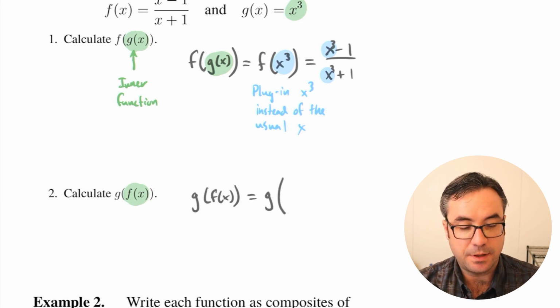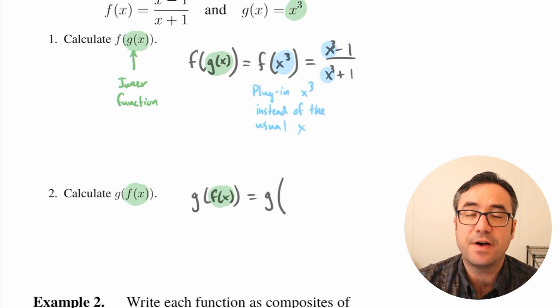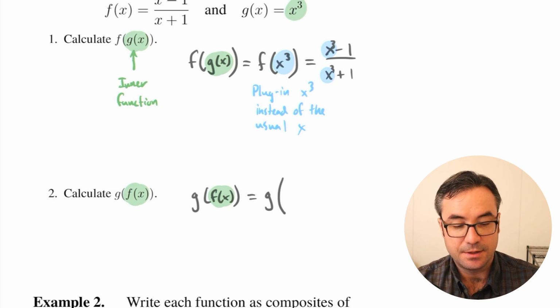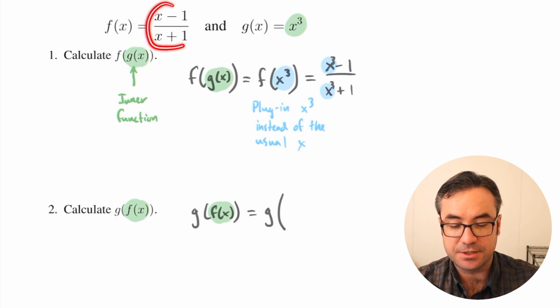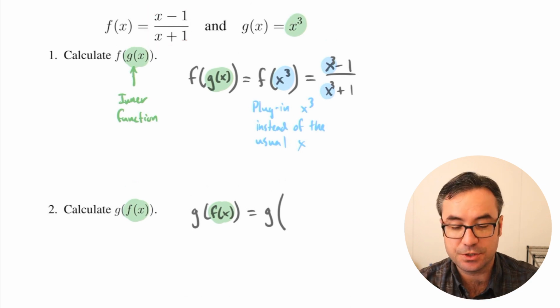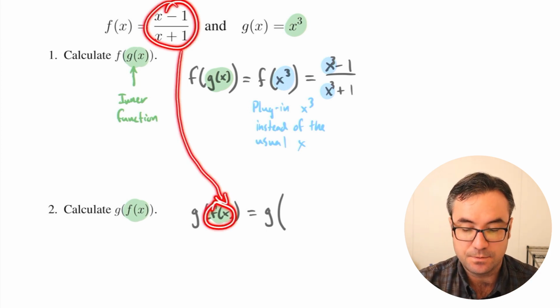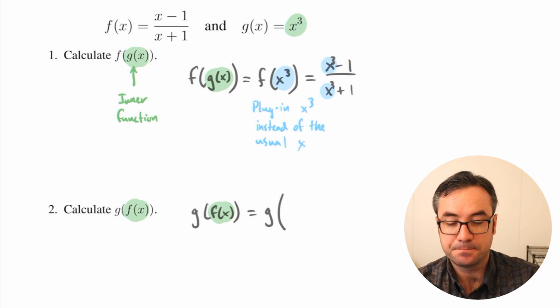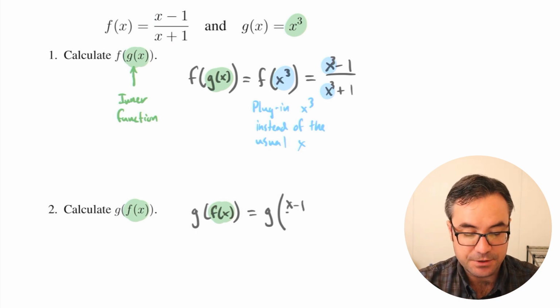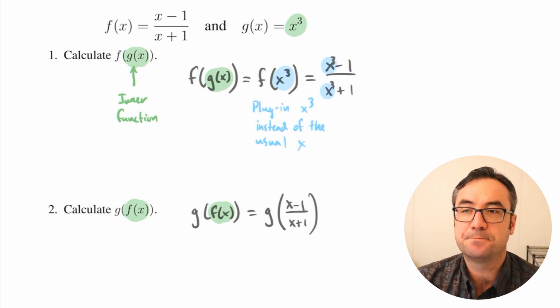And now let's replace f of x with what we know f of x actually is. So let's go back up. f of x is right here. It's this fraction. So we're just going to take this fraction and replace f of x there. So we end up with x minus 1 over x plus 1.